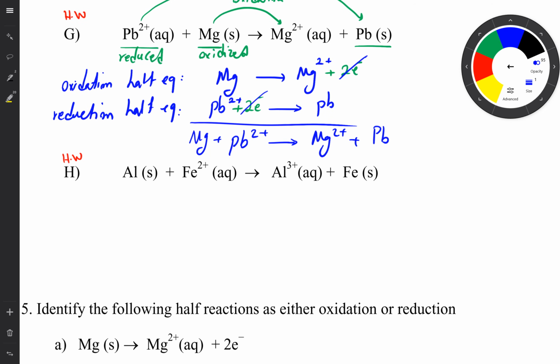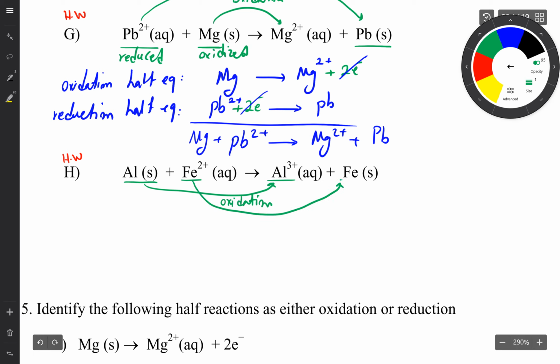Part H. Aluminium is converted to Al3+. Its charge is increased, so it means it has lost electrons. So this is the oxidation half equation. And Fe2+ is converted to Fe.